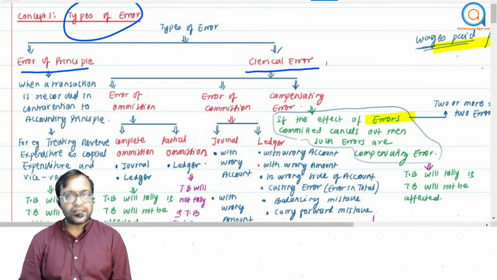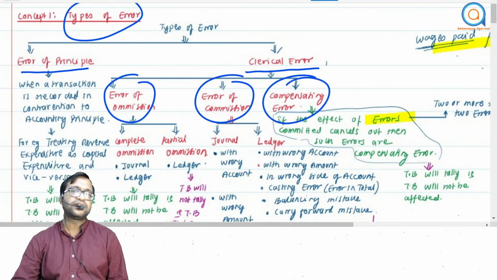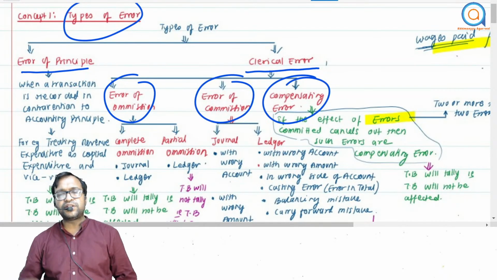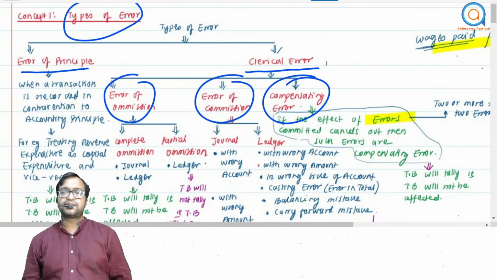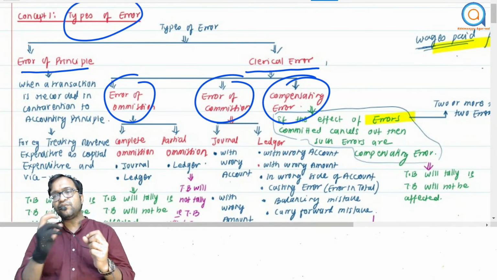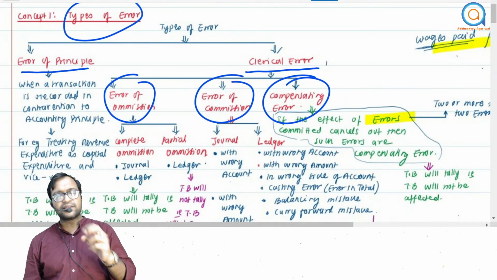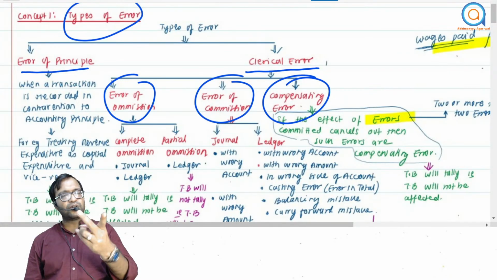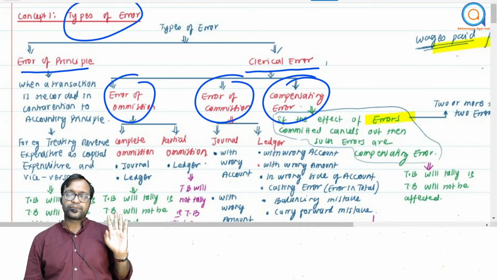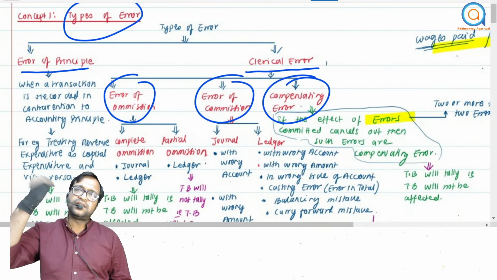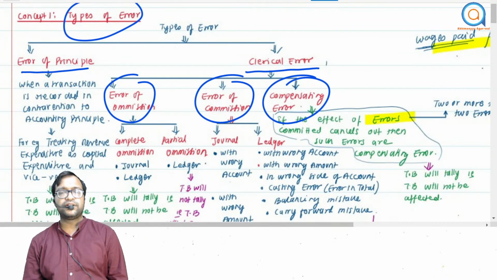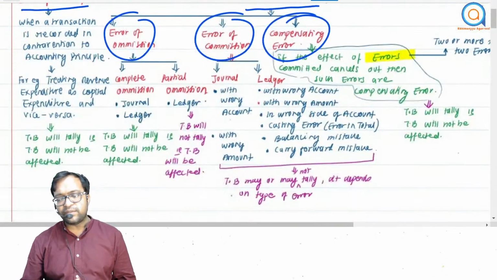Then clerical error can be of three types: error of omission, error of commission and compensating error. Error of omission, omission word has come from omit. Now error of omission again can be of two types. One is complete omission, one is partial. Complete omission means both the aspects, debit and credit, are not recorded. And partial omission means one aspect has been recorded, another aspect is not recorded. Now error of commission can be of various types.